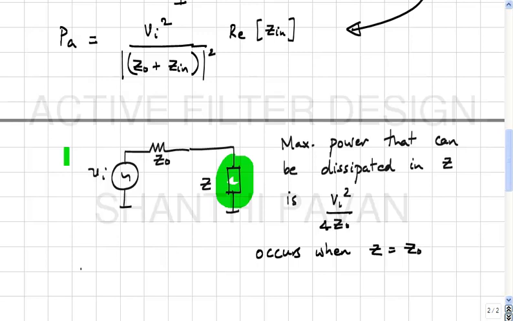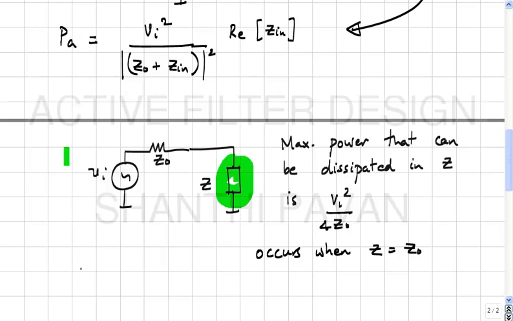Now, if the power dissipated in Z is some number, obviously smaller than Vi square by 4Z0, then you can always relate the difference between the power dissipated in Z and Vi square by 4Z0 to what? You understand the question? We know the maximum power that can be dissipated in Z is Vi square by 4Z0.